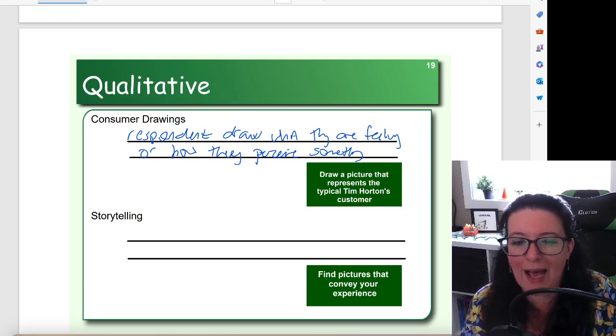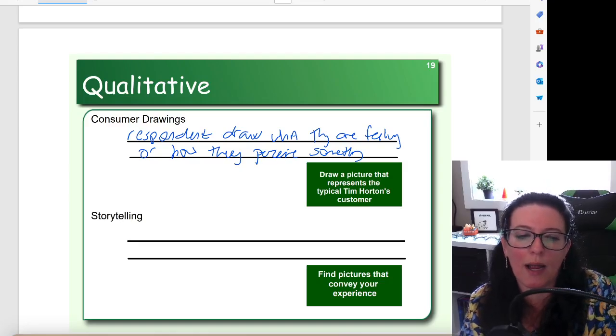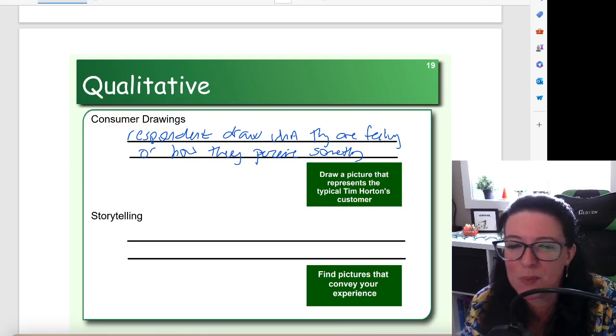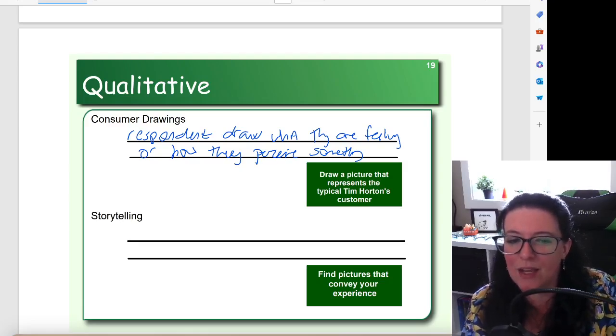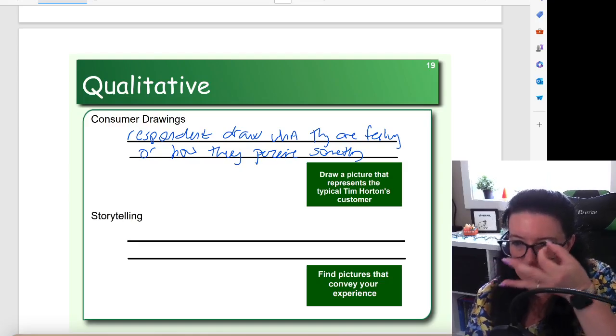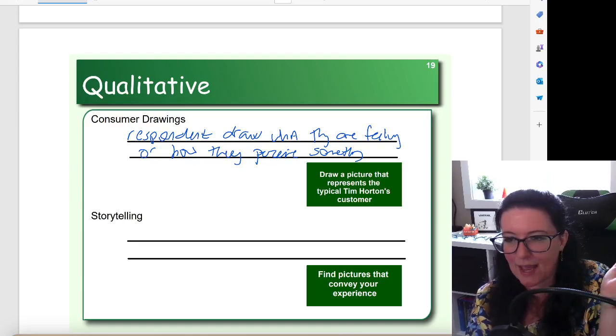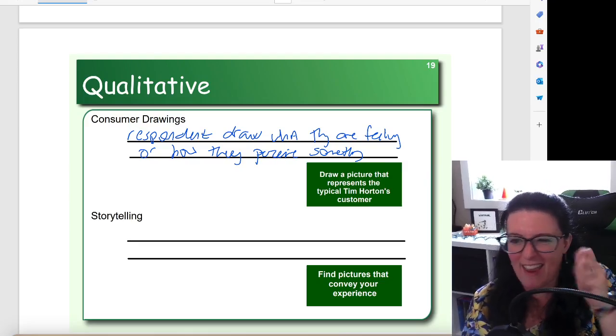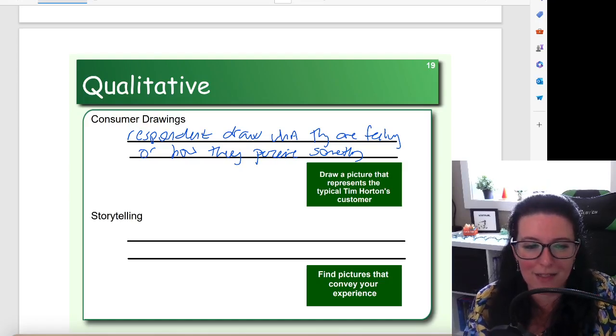McCann Erickson was an ad company. They wanted to find out why Raid, the bug spray, was outselling the combat discs. So I don't know if you've seen them. They're little round things. The idea is that the ants would crawl inside and die versus spraying the bug that they find.